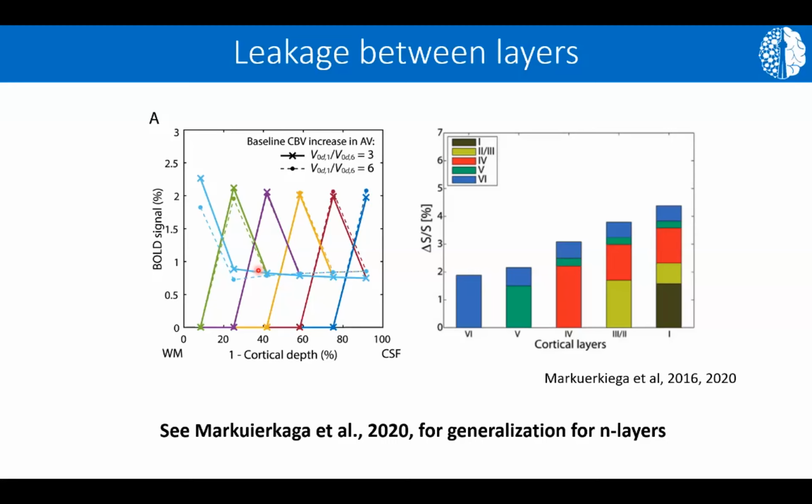If you have 10 layers, you cannot just interpolate, because of this sort of cumulative effect, the 30% is all the effects. You cannot just take the values in between, because then you would overcorrect. So they derived some formulas depending on the number of layers. If you in your study have 10 layers, you can go to this 2020 paper to derive the weights you need for your correction.